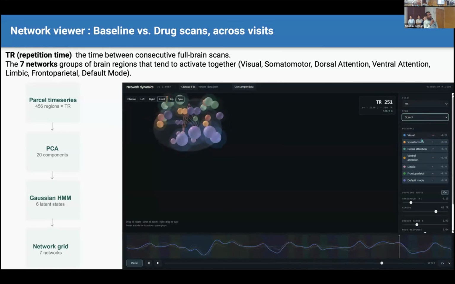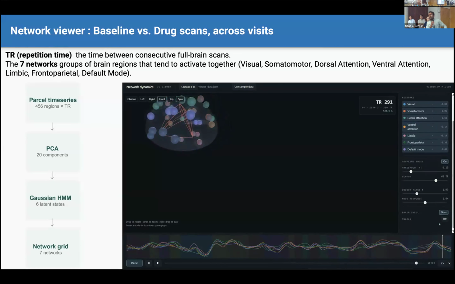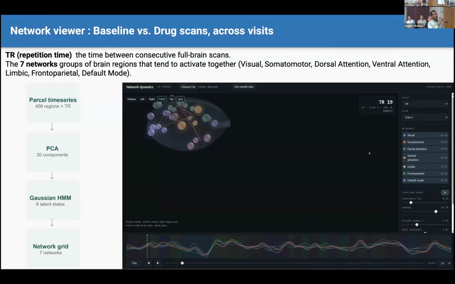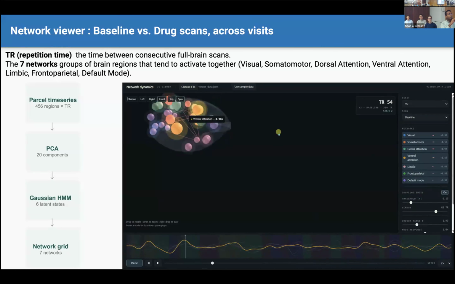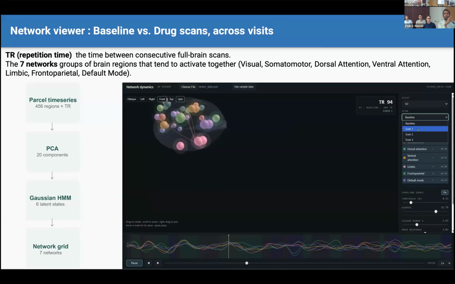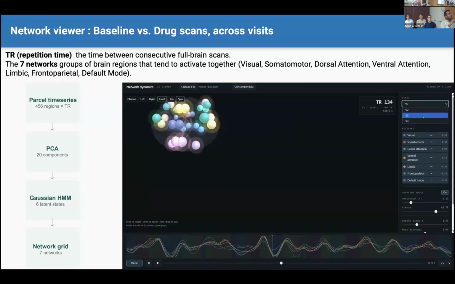On the left, you can see it has an interface where you can select the baseline and the visits across the visits. You can also see the network analysis, the signal analysis on the bottom over there. You can also select a specific node, whatever you want to see, and how it will work. We are trying to improve it, making it more interactive, maybe at a later stage.